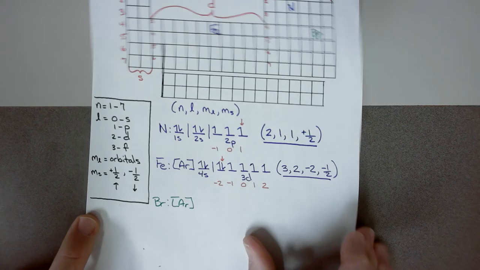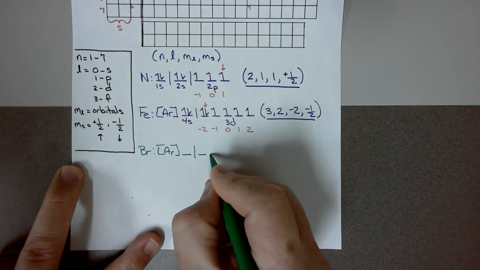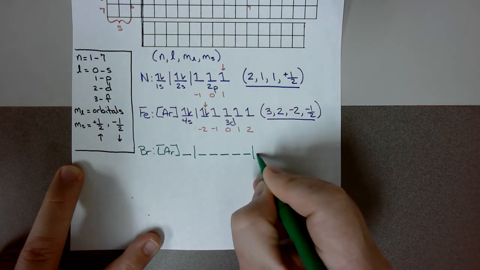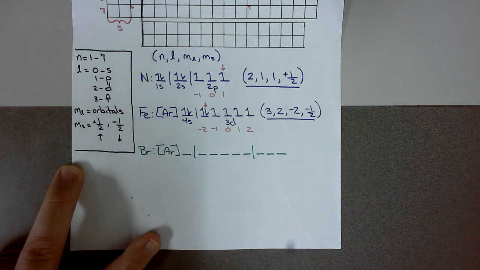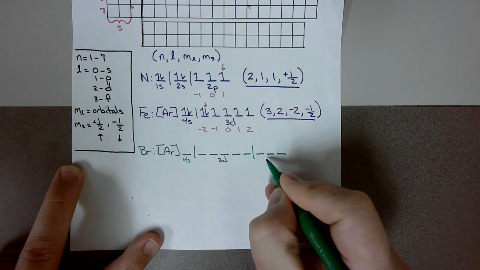So I've got a 4s, the 3d, which has 5 orbitals, and then the 4p, 1, 2, 3. So that's 4s, 3d, 4p.